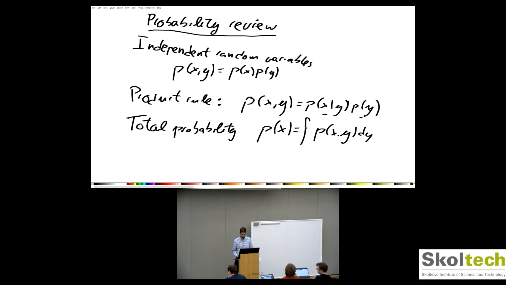So basically here we have a joint distribution of two variables, and what do we do? We simply marginalize one of them. We are also going to use this word a lot, marginalization. And this is basically what it is.